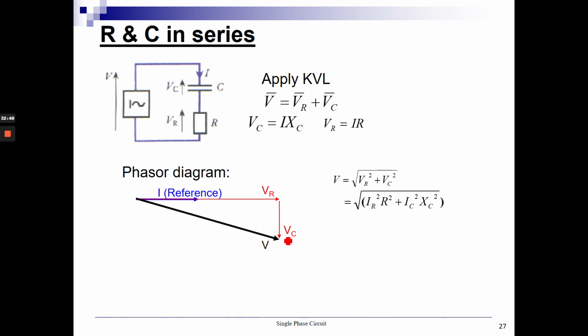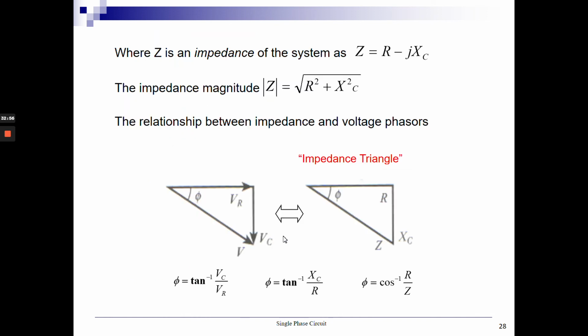So V equal to I Z, where your impedance Z equal to R minus jXC. So Z equal to square root of R squared plus XC squared. So this is how you draw the impedance.